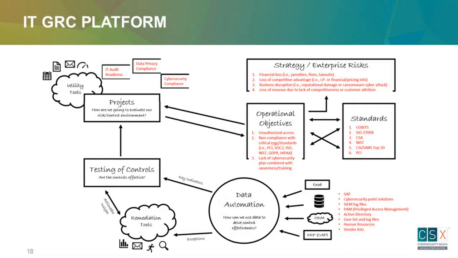Then control testing may not always be as simple as directly sourcing data from systems. It may sometimes involve using electronic tools to source human insights or attestations from control owners. With the right GRC platform, though, you should be able to centralize the ingestion and collection of data regardless of its source.